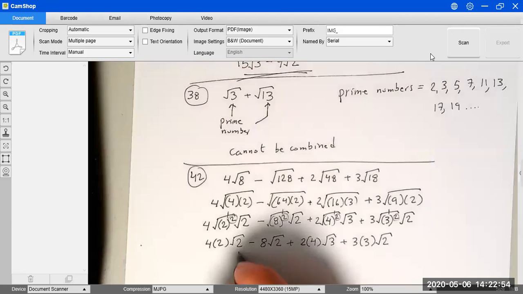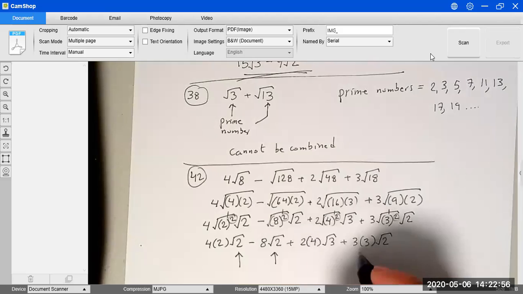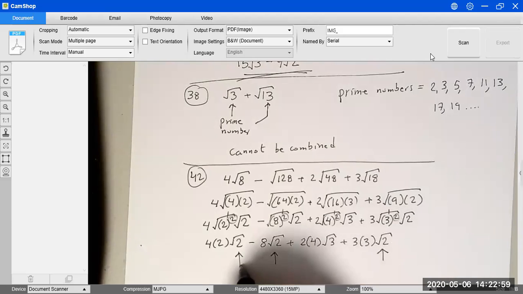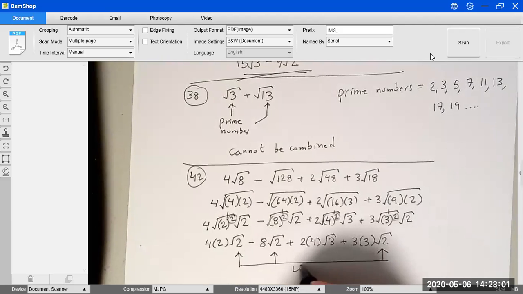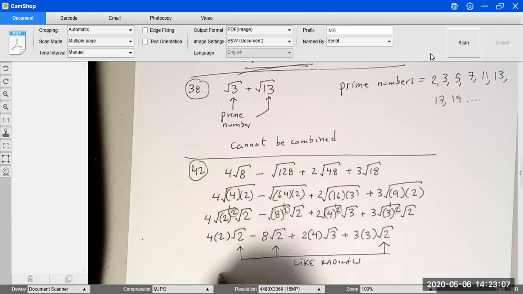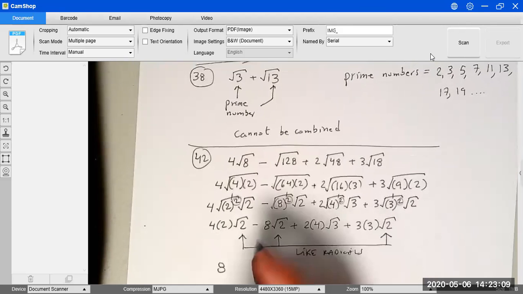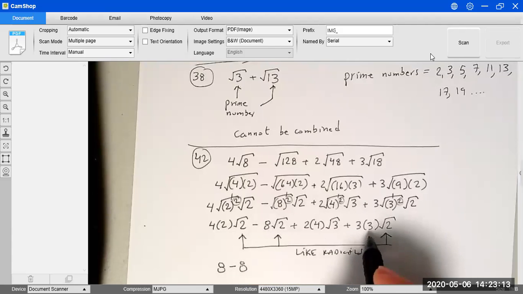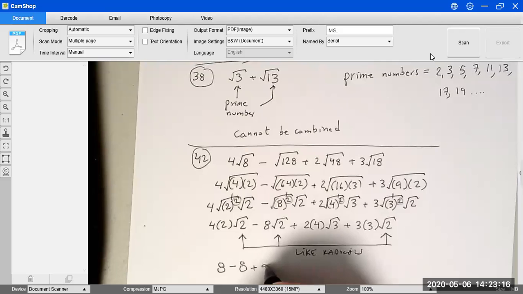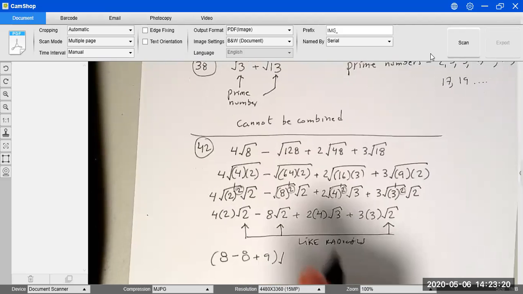So these are like radicals. So we're going to be able to combine all of these. So I have 8 from here. I have negative 8 from here. And I have 9 from here. So this operation is going to be the coefficient for radical 2.